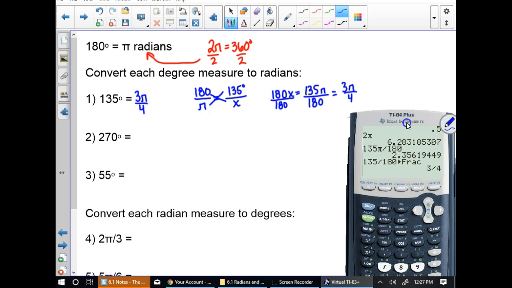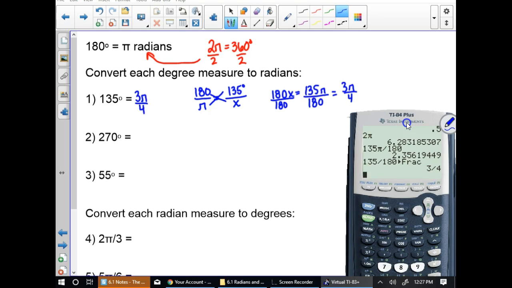Another thing you can do if you get stuck on memorizing those radians is convert using this, although you probably won't have your calculator, so you'll have to reduce 135 over 180 by hand, which wouldn't be too bad, but also not the most fun, especially if you're trying to do the whole unit circle that way. It would be pretty tedious.